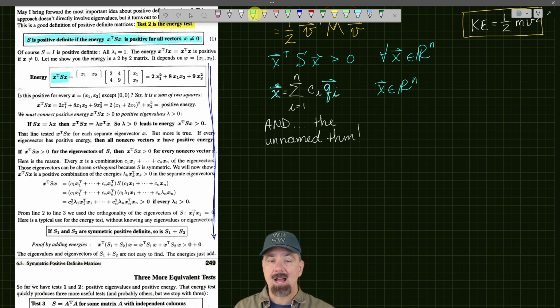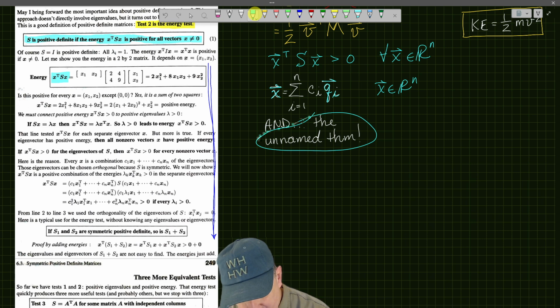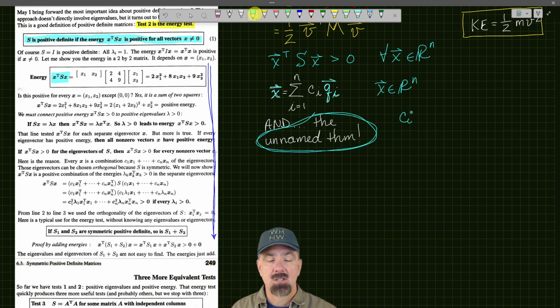Not only can we do that, but it's easy to do because of the unnamed theorem. Do you remember the unnamed theorem and what it tells us? It tells us how to calculate the coefficients.